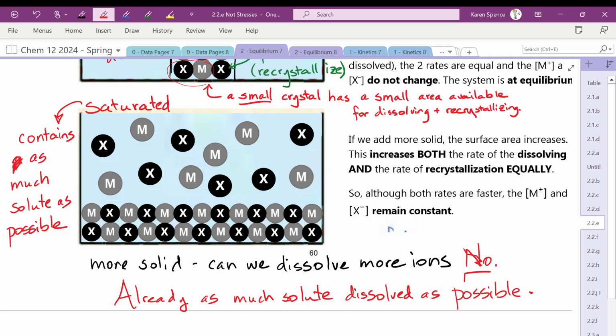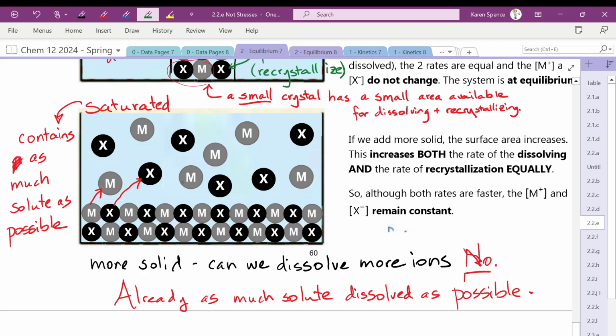Does that mean that the dissolving process stops? Yeah, we still have the dissolving process happening. M dissolves, X dissolves.